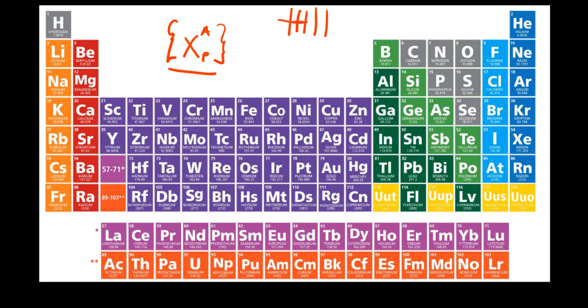These columns are what you call groups. So the periodic table is divided into groups. The first group is group 1, the second column is group 2, and for the third group we start from here, group 3.